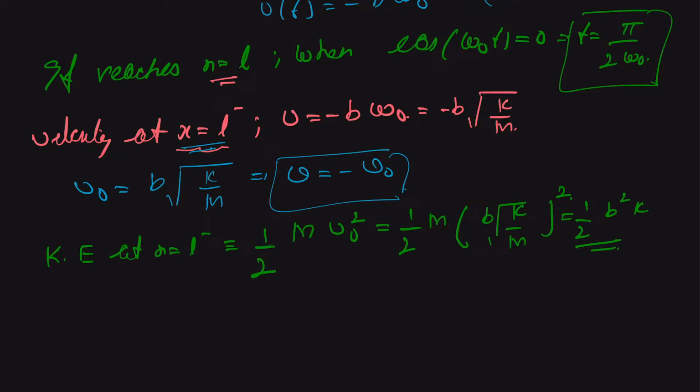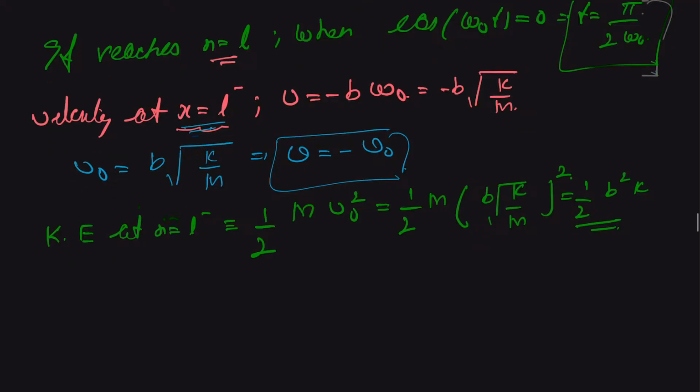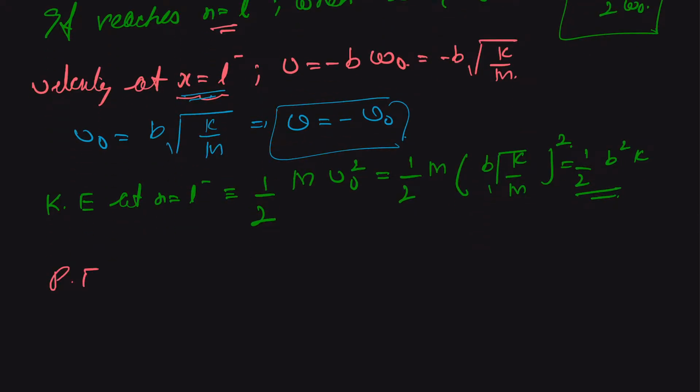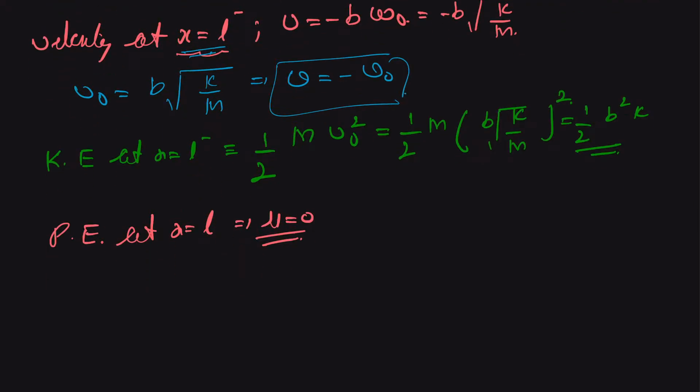And the potential energy at x equal to L will be u is equal to 0. So this is just coming right at x equal to L. Now we come at exactly x equal to L. That is, it is coming into the frictional part, or we can say the teeth as well as mesh are engaging.